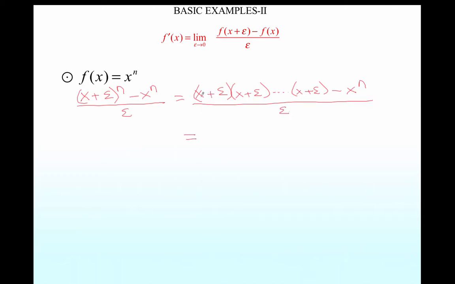Now let's look at the number of times that x occurs alone. That's n x's multiplied together. So we have x to the power n. That comes from this, and all the x's in between.